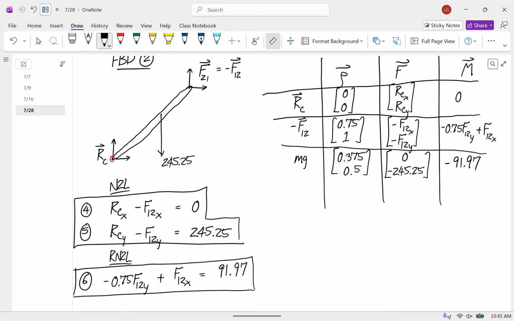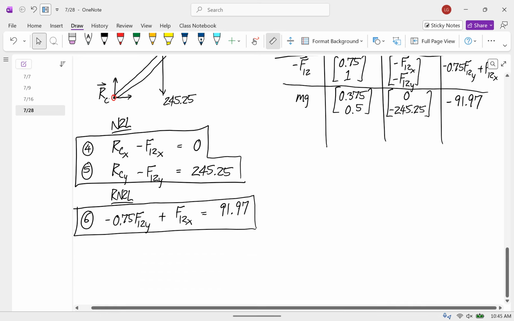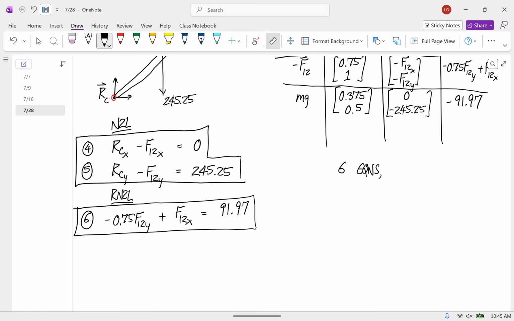Okay. All right, so we have 6 equations. Let's think about how many variables we have. Hopefully it's 6.